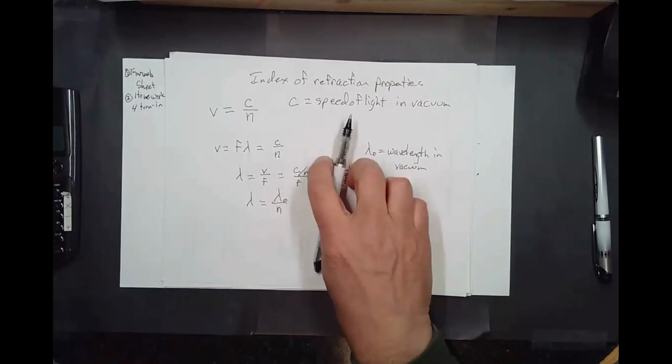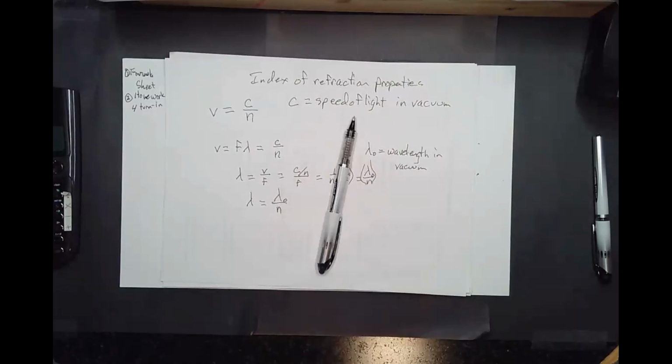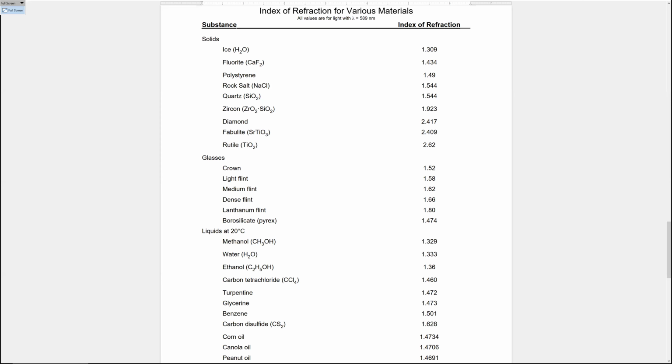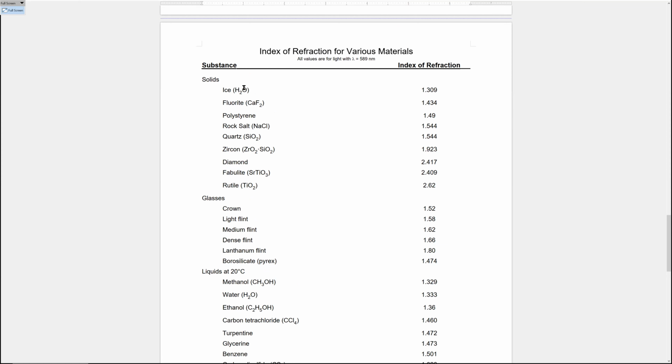But anyway, I want to show you some indices of refraction for different things. I got these up here. I don't know if you can see my cursor when I'm doing this, but we've got solids, with different indices of refraction for them.